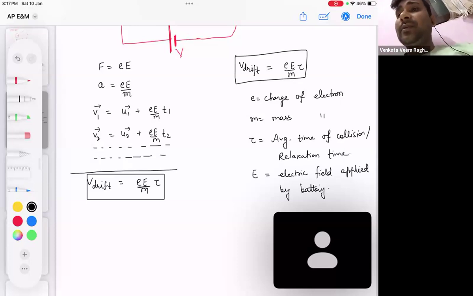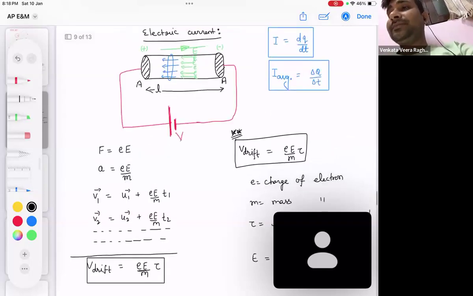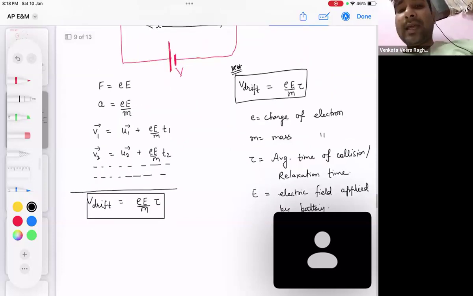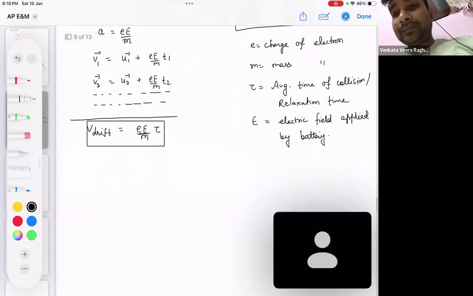These are going to be important things, because whenever they ask the microscopic part, meaning what is happening inside the conductor, these will be needed. Now we want to calculate the current. Current is the amount of charge flowing per unit time.